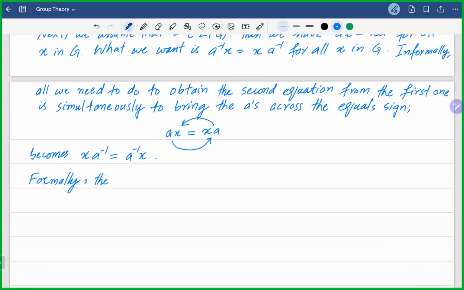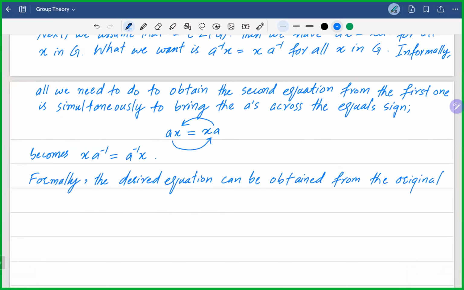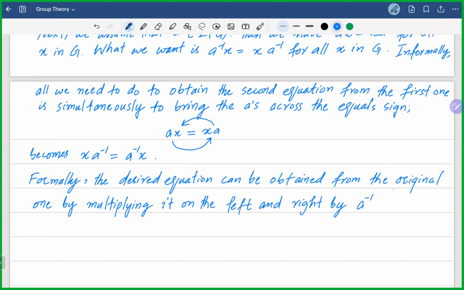Formally, the desired equation can be obtained from the original one by multiplying it on the left and right by A inverse, like so.